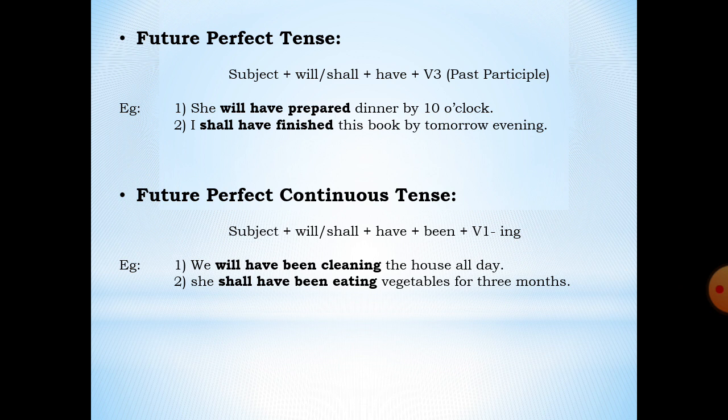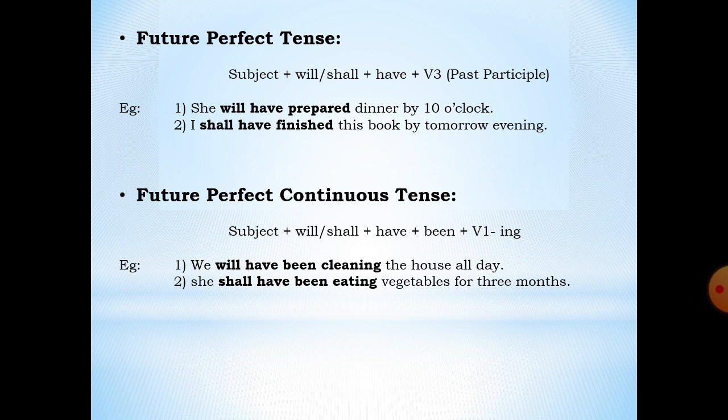She will have prepared dinner by 10 o'clock. Will indicates future tense, have means perfect, and prepared is the past participle of prepare. Second sentence, I shall have finished this book by tomorrow evening. Shall indicates future tense, have is perfect, and finished is the past participle of finish. So it's a future perfect tense.